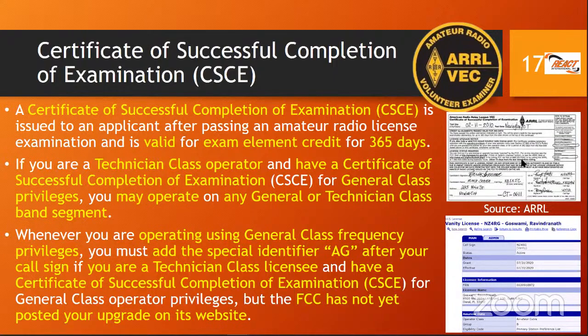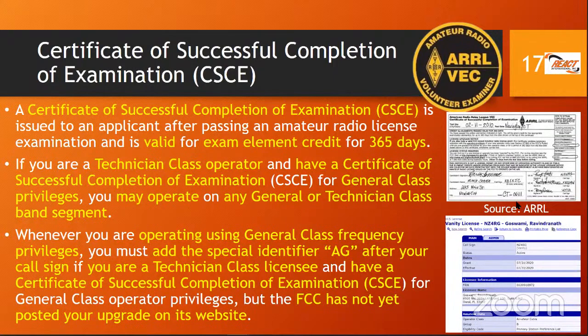You are still showing up as a technician class, but you have your CSCE. You can operate in the general class segment of the band. Those additional privileges that you have as a general class, you can use, even though on the website it says you're a technician class. Yes, you are a technician class operator, but you have your CSCE, and that is what authorizes you to operate as a general class operator, or to use the privileges of a general class operator just fine.